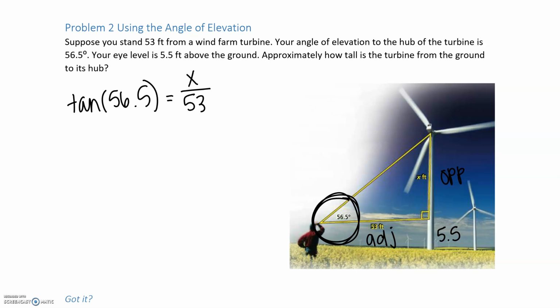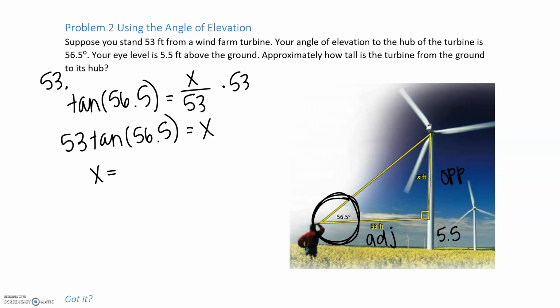To solve for this, we are going to multiply both sides by 53. That leaves us with 53 tangent of 56.5 equals X, which when we put that into our calculator gives us about 80.07.